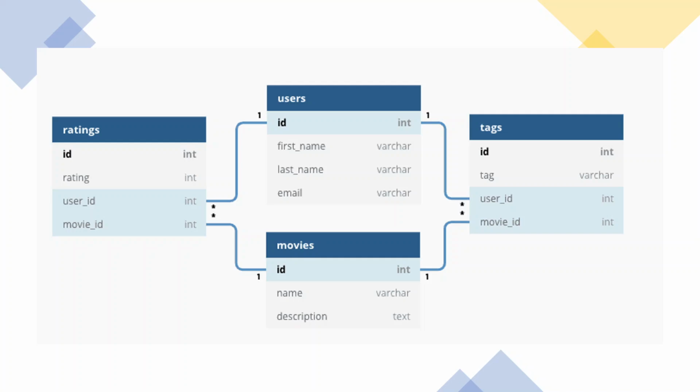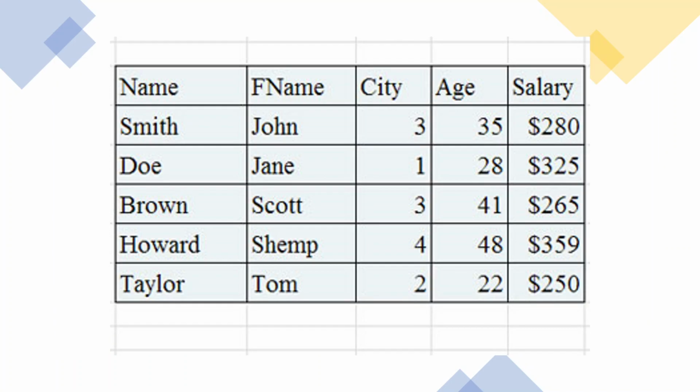We have the tables users, movies, and ratings, and this is a single table. We have, of course, the name, first name, city, age, and salary, and we have our values here that we inserted into our table. So the data structure that we're using is obviously a table. That is the main data structure, and I guess the only data structure, that we use when it comes to relational databases.